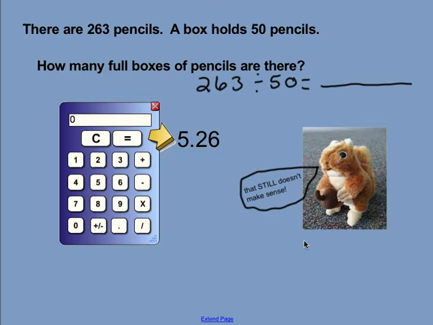When we put that into our calculator, we got an answer of 5 and 26/100ths. So remember that the decimal part, that's the remainder. That tells us that when we divided, there wasn't enough to go around another time, but there were enough to go around 5 full times. So that means that we are going to have 5 full boxes of pencils. There will also be some left over, as our remainder says.